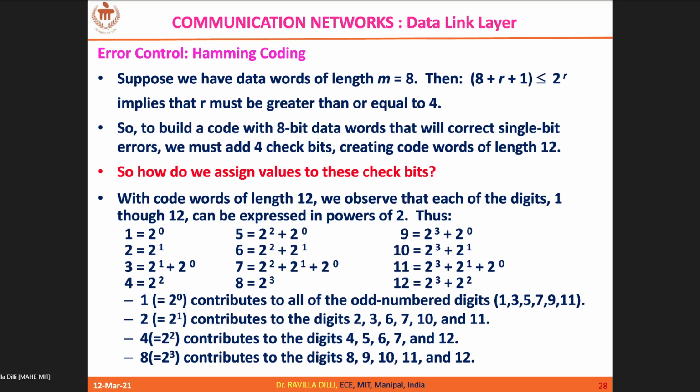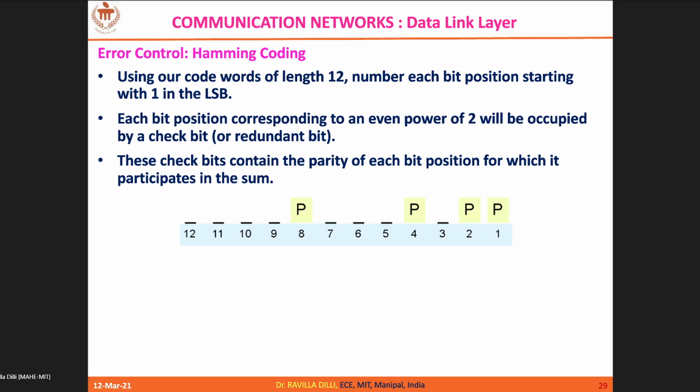So R0 is equal to 1 XOR 3 XOR 5 XOR 7 XOR 9 XOR 11, all odd positions. So come back here, what are those values?